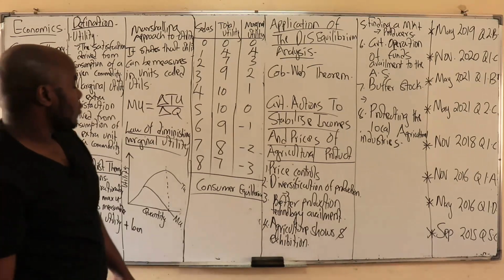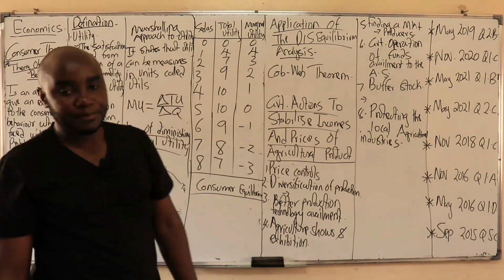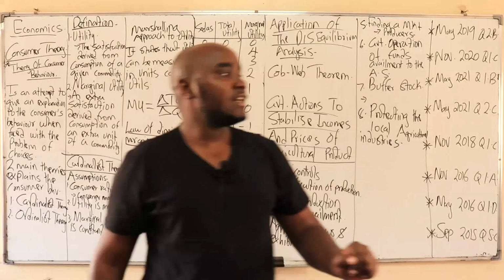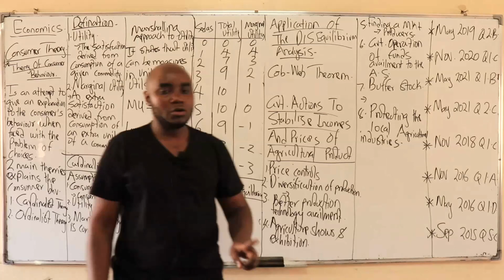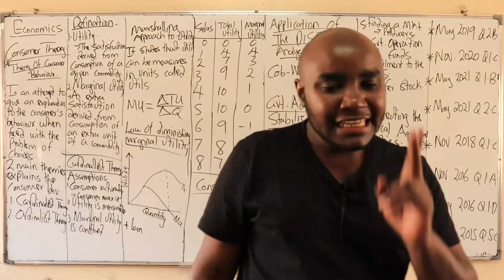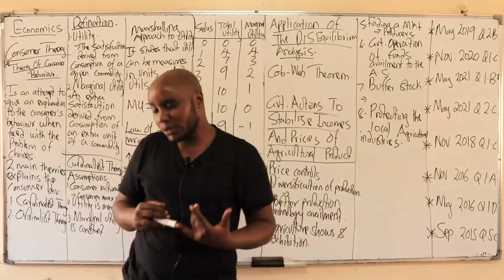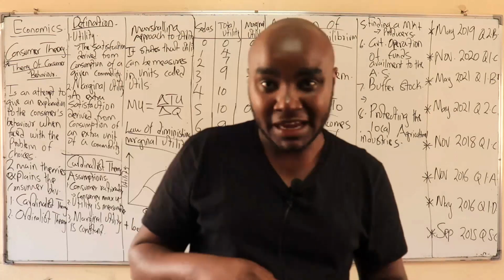So, when you're talking about the consumer equilibrium, in a layman's language, you shall find that when you have some income or you have some money, you can either buy a commodity or not buy that commodity.